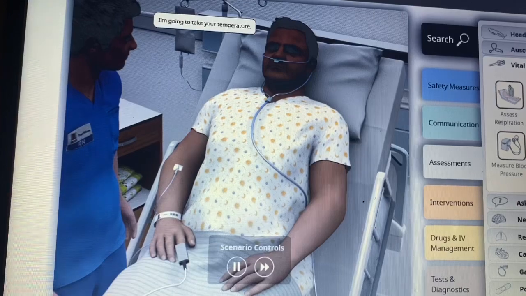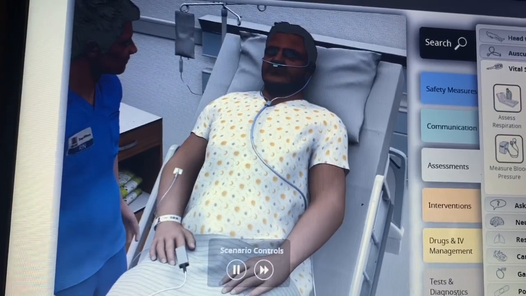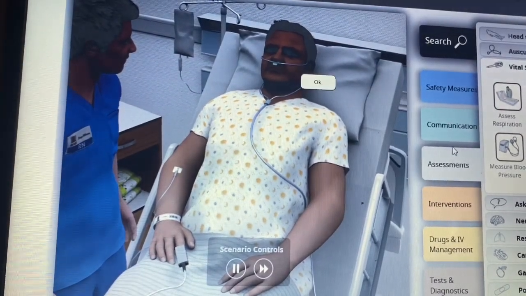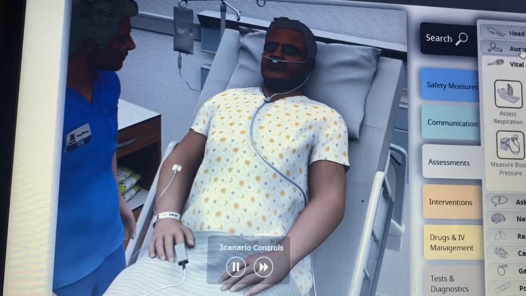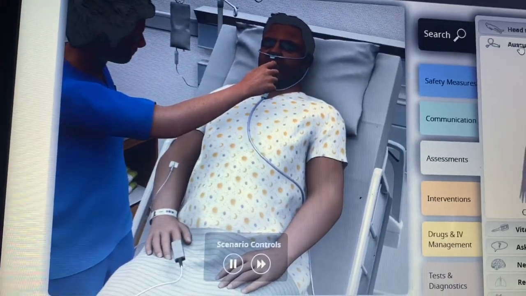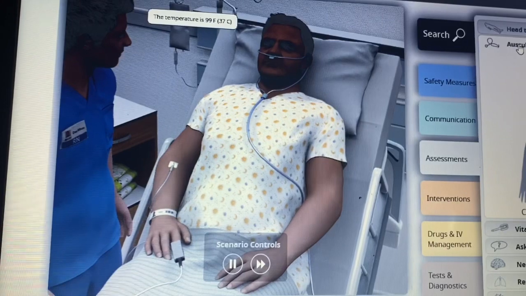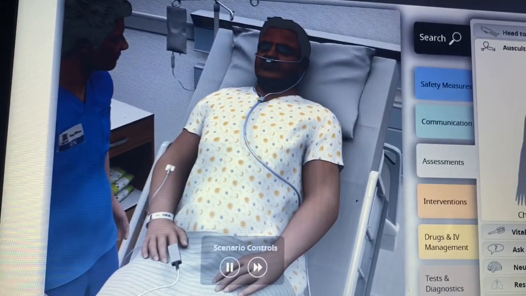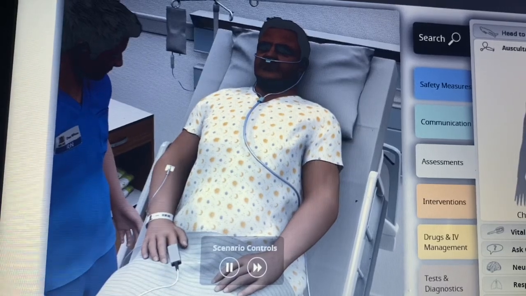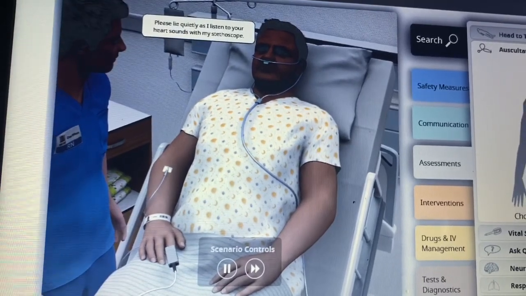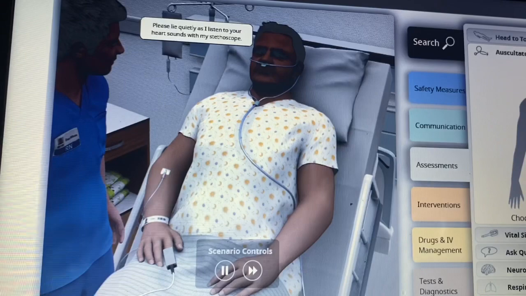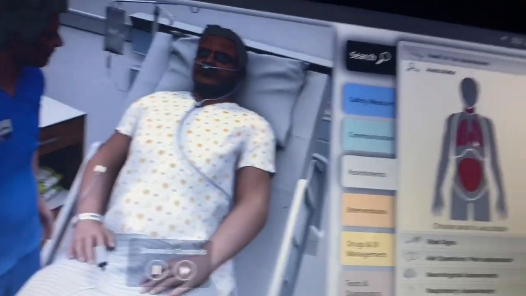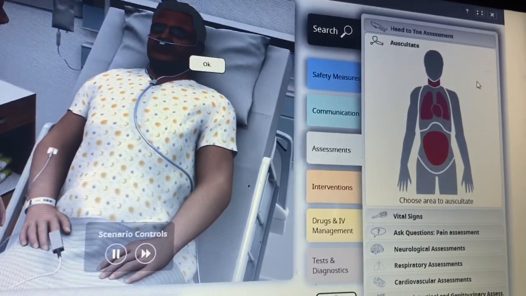I'm going to take your temperature. Okay. The temperature is 99. Please lie quietly as I listen to your heart sounds with my stethoscope. Okay.